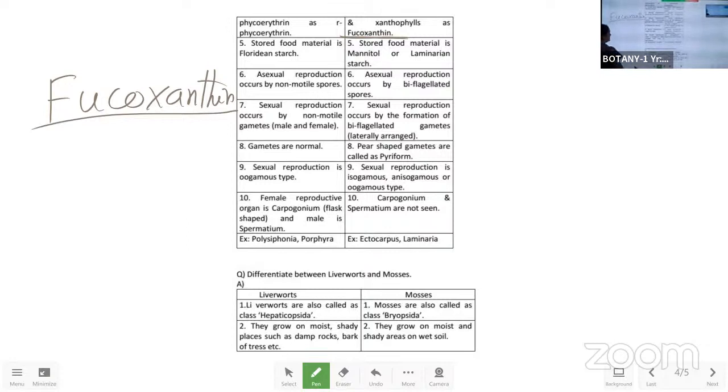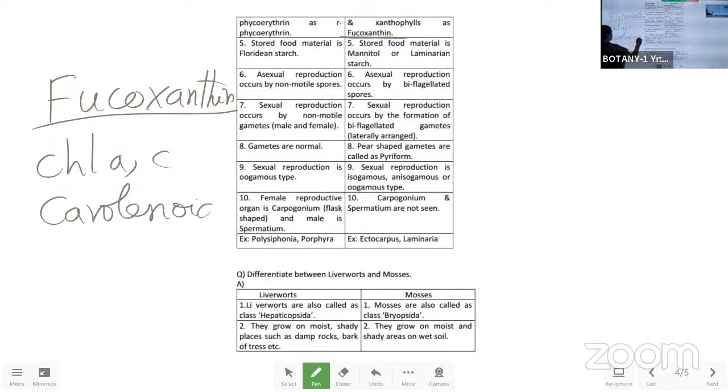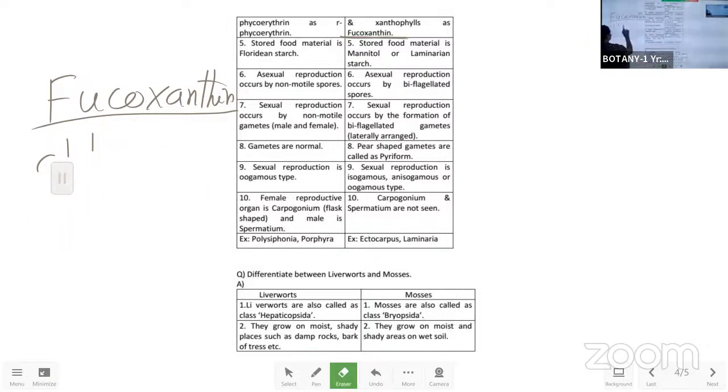So in this, chlorophyll a, c, carotenoids, and xanthophylls of fucoxanthin are present. This is the most important one for the 2 marks questions from this chapter, as well as for the 4 marks questions.